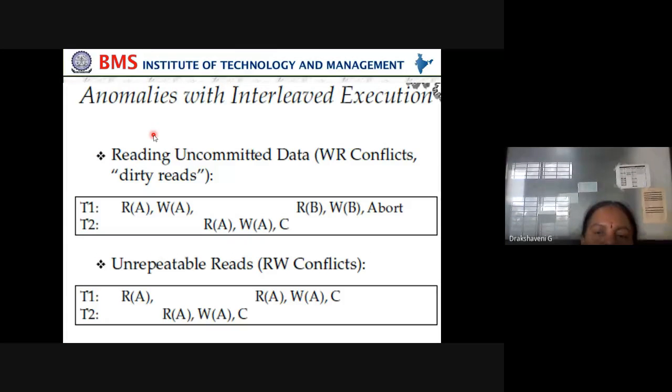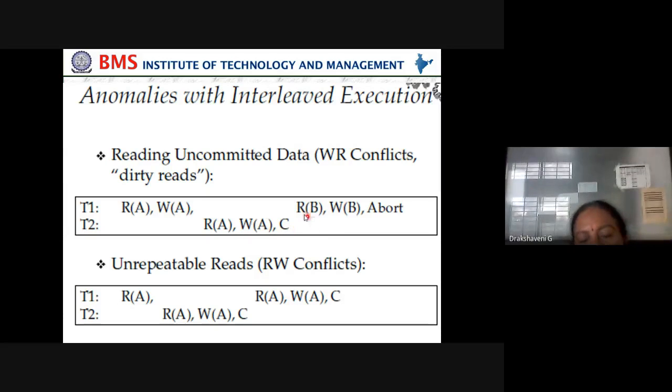The anomaly we have with respect to interleaved execution is reading uncommitted data, that is read-write conflicts, or dirty read. Suppose your transaction one is reading A and writing A. After some time, transaction 2 is also reading A and writing A. Then you use a commit command.